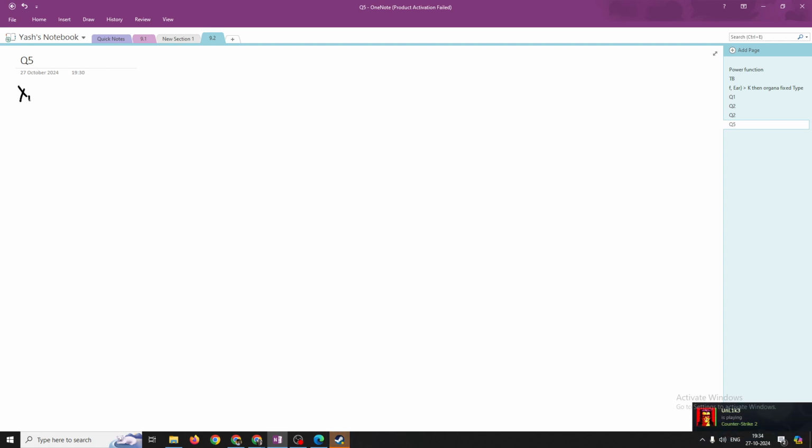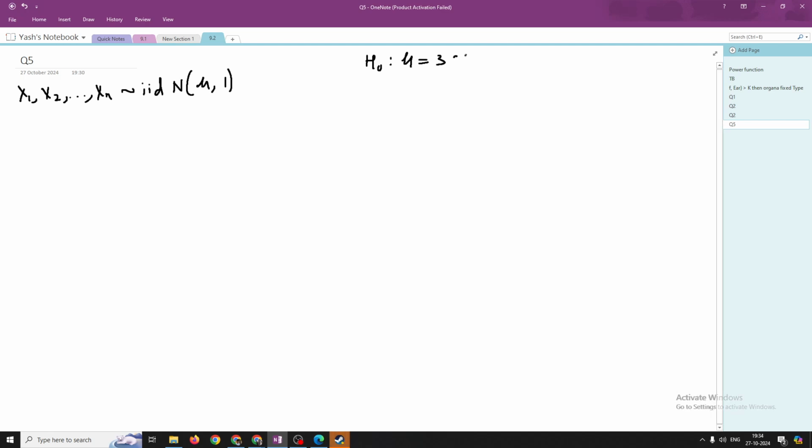So x1 to xn follow IID normal with unknown mean mu and this variance. We need to test the hypothesis that mu equals 3.5, against the alternative hypothesis that mu equals 5, and we need a test procedure, a delta, such that alpha of delta is less than or equal to 0.1 and beta of delta is minimum.